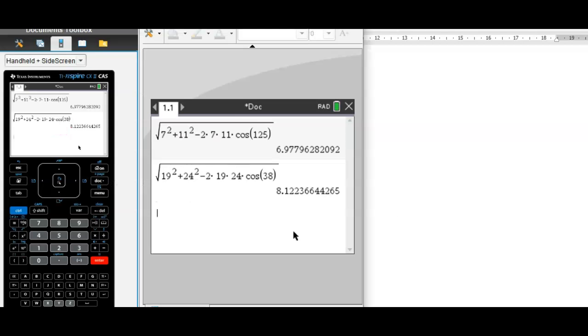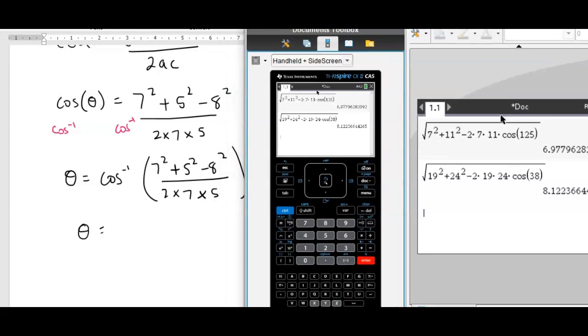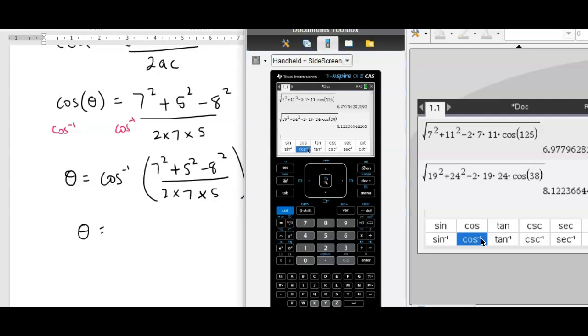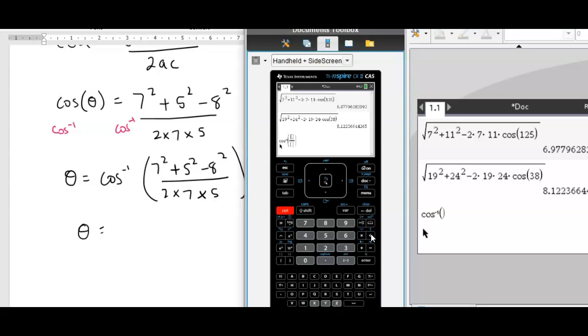Okay, where's my calculator? All right, so your inverse cos button. So we go to trig, and then we type everything in. Now you'll notice that I have lots of numbers on the numerator and lots of numbers on the denominator. So you either need to use brackets or you can use this button above this fraction button.